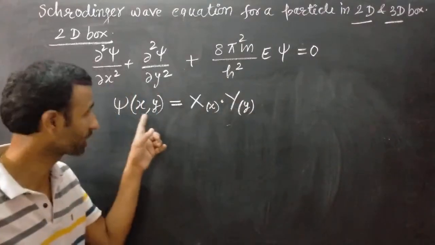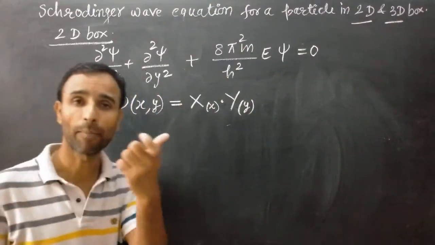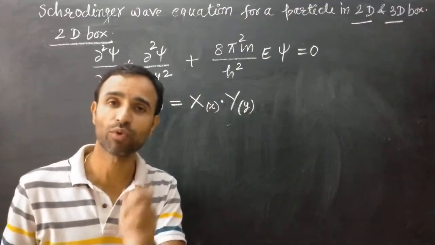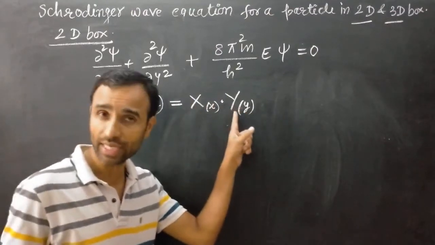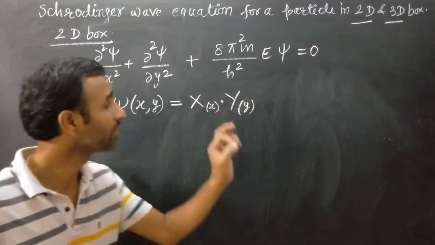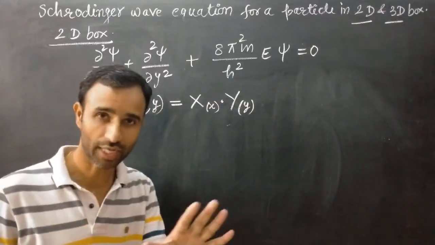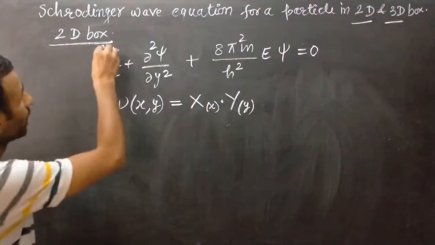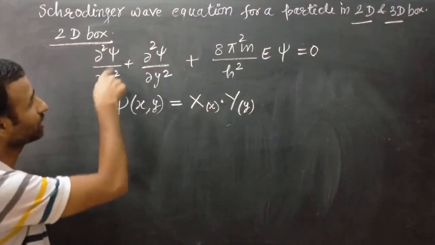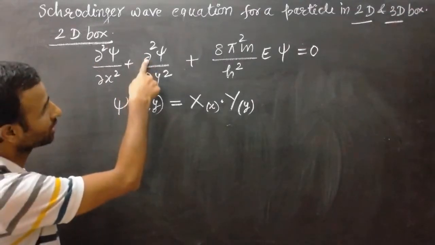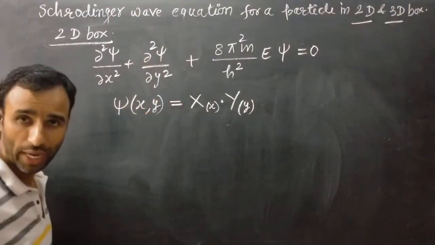So the part of the psi which depends upon x only is capital X, and the part of psi which depends upon y only is Y. Done? So now we have the second partial differential of psi with respect to x, and second partial differential of psi with respect to y.